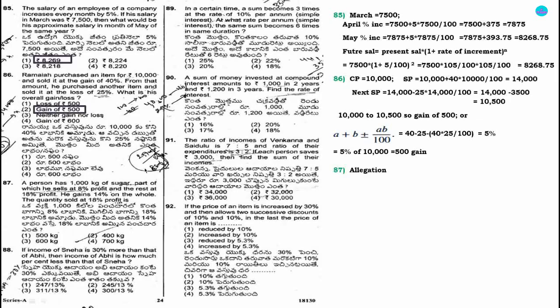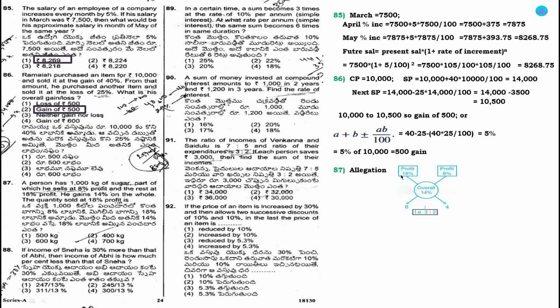Now next question, 87. A person has 1000 kg of sugar. This we will do by the allocation method. Part of it he sells at 8% profit and the rest at 18% profit. So in 1000 kg of sugar, part is sold at 8% profit and part at 18% profit.